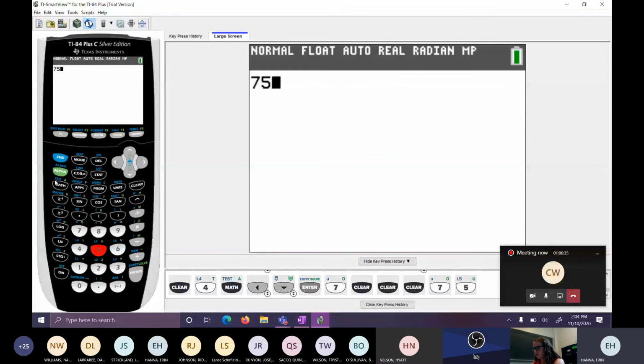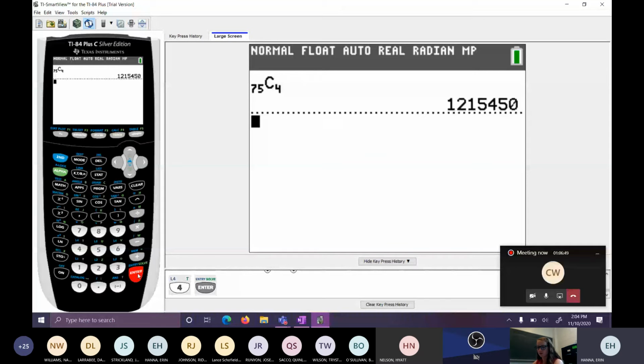Let's see if it can do this. Yeah, because N has to come first and then R. So it's a little bit different notation. But yeah, there we go. So that's actually the one we just did in example 13, 75 choose 4. So yes, your calculator can do it. Yes, I still expect you to know how to write it out. But your calculator can find you the thing.